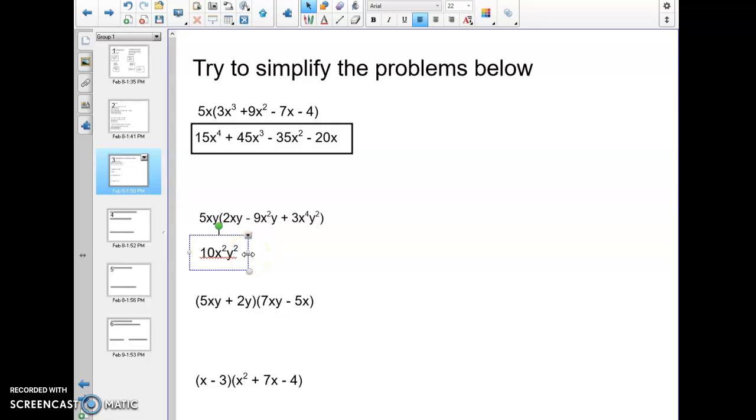Minus 45x cubed y squared. They don't have to be in the same terms when you're multiplying, because here we're adding exponents. And then finally we're going to go plus 15x to the 5th y cubed. And that's my answer.